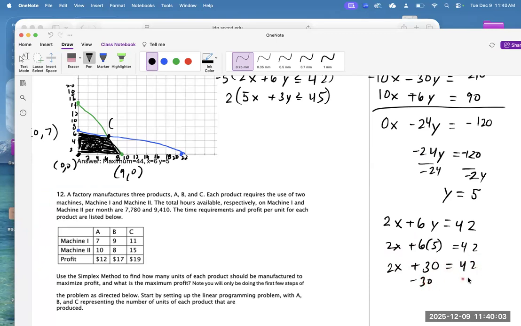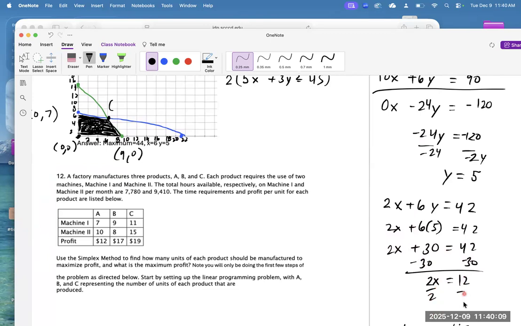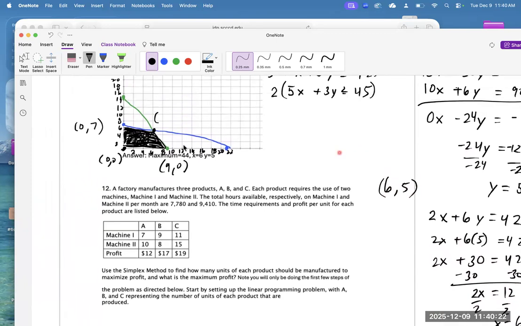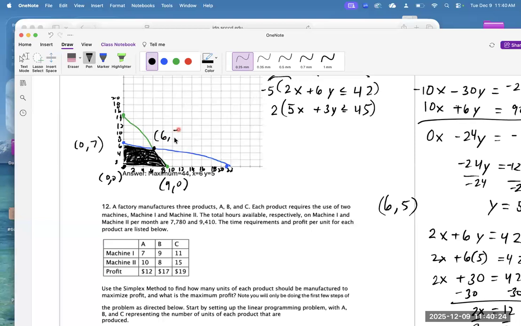Subtract 30 from both sides, I get 2x is equal to 12. Divide by 2, I get x is equal to 6. So that's telling me these lines intersect at 6, 5. And if we look at our graph, that appears to be the right point. It's right at 6 and at 5, so that looks really accurate to our graph.